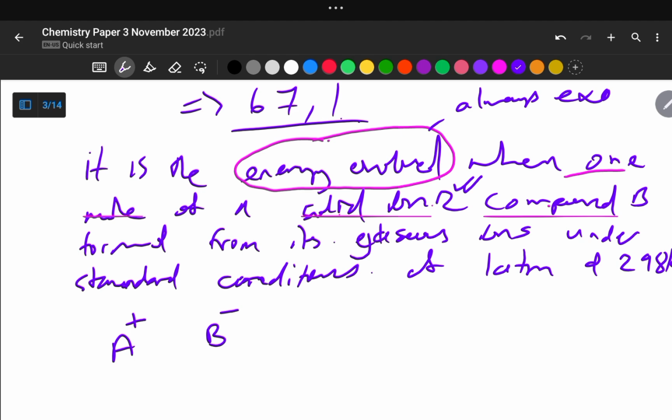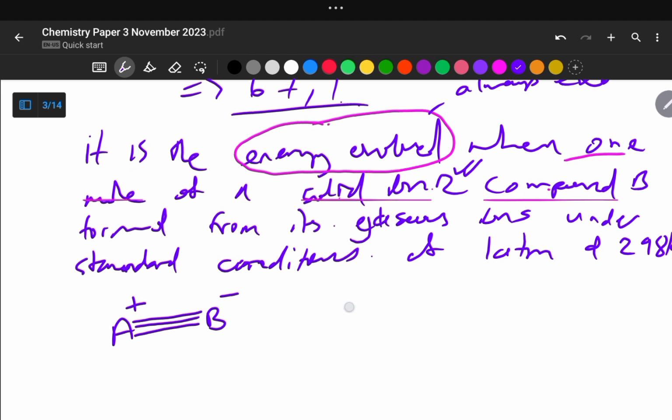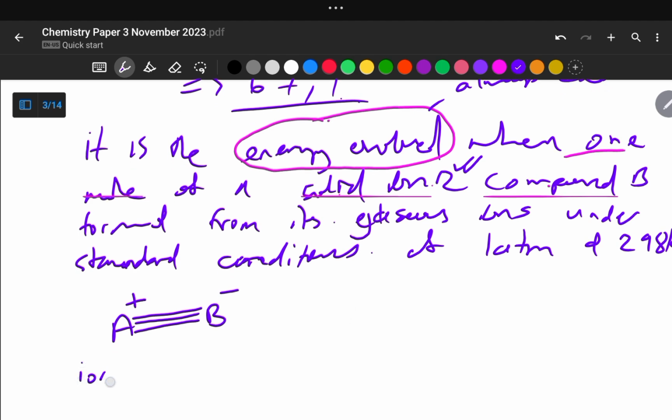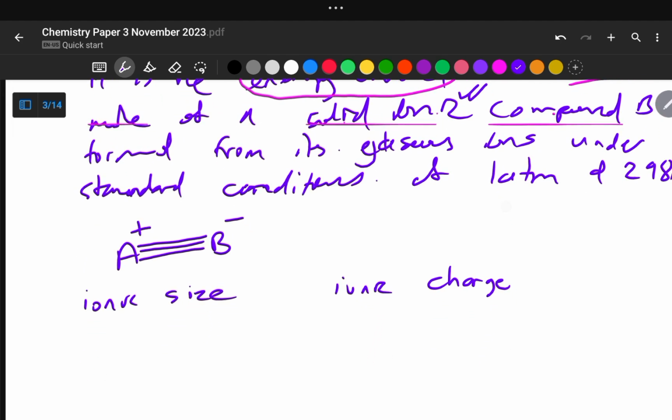The energy released when these two bond is the lattice energy or lattice enthalpy. It is governed by two factors: ionic size and ionic charge. The smaller the ions, the bigger the electrostatic force of attraction between the ions, and the bigger the charges, the bigger the electrostatic force of attraction between the particles, thereby leading to a larger magnitude of enthalpy.